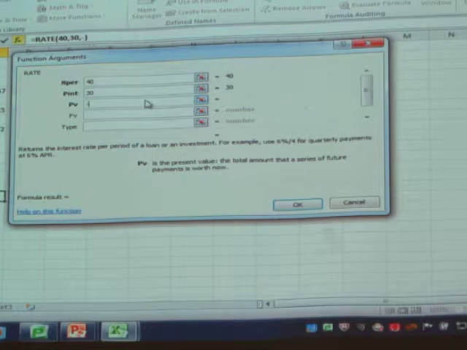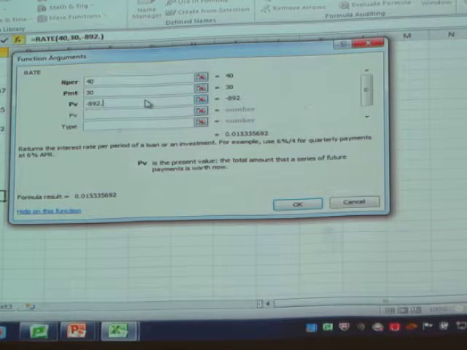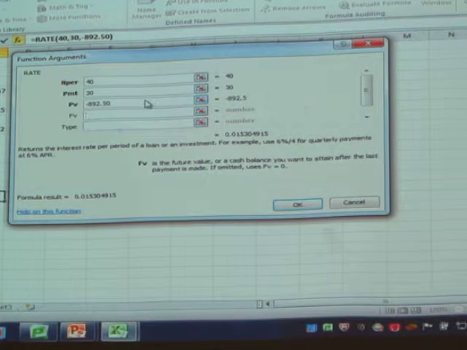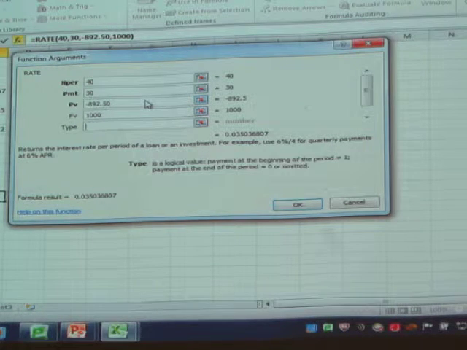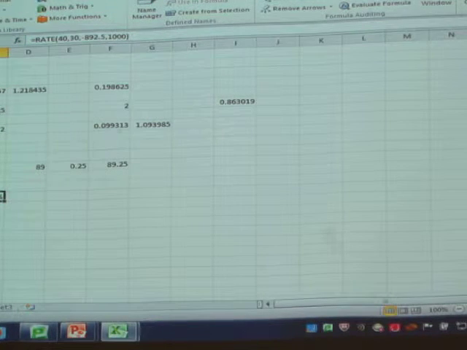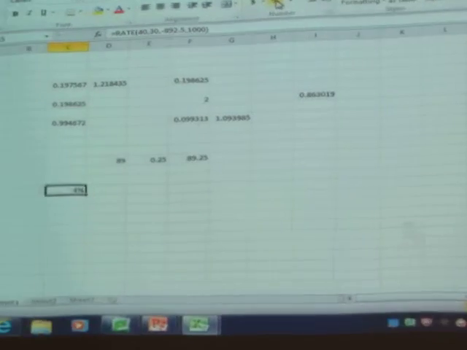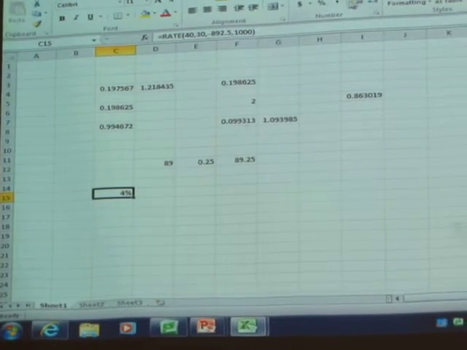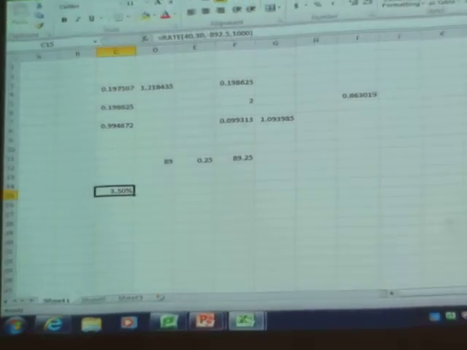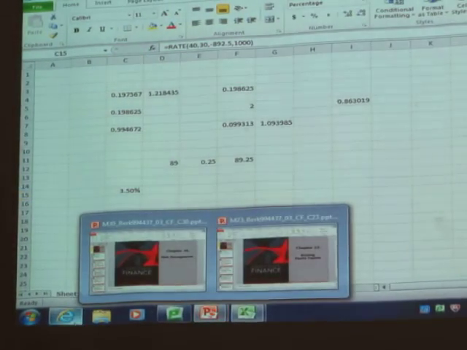We said present value is always negative in Excel, so negative 892.50, which is what we found the price to be. Future value is always going to mature at 1,000. Put that in there. A couple decimal places there: 3.50.